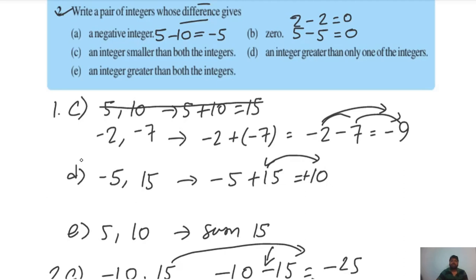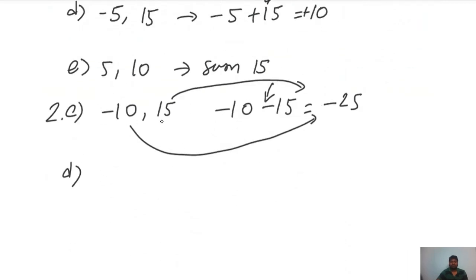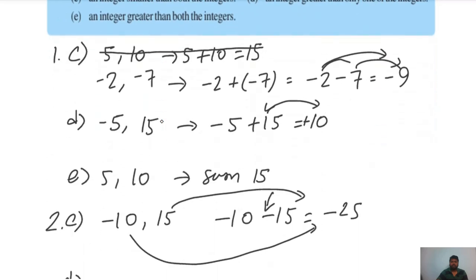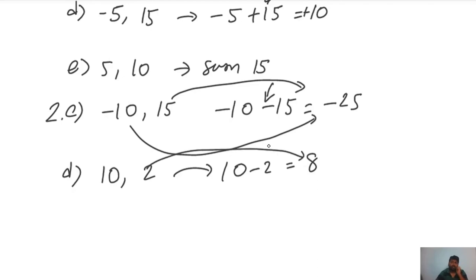An integer greater than only one of the integers, how can it be done? Suppose 10 and 2, we get 10 minus 2, this is 8, and 8 is greater than 2, only one.